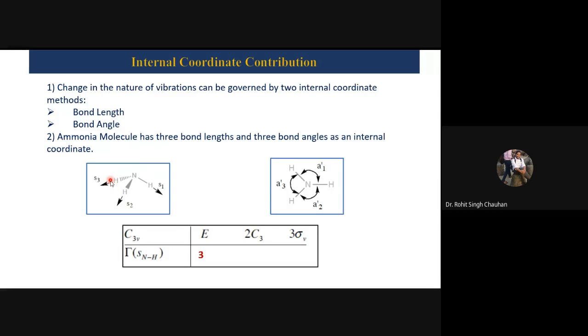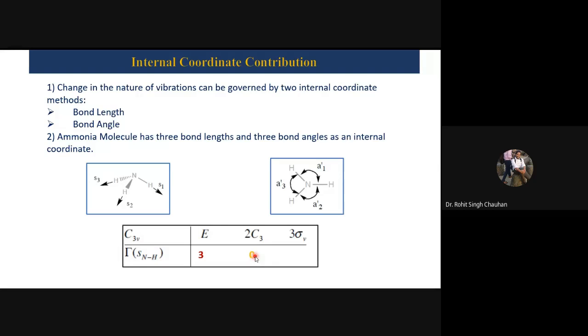And this S3 is going to become S1 during this C3 operation. I will repeat: S1 is going to turn into S2, S2 will turn into S3, and S3 is going to turn into S1. So in short, all the bonds are going to be shifted. That's why the C3 contribution will be 0.